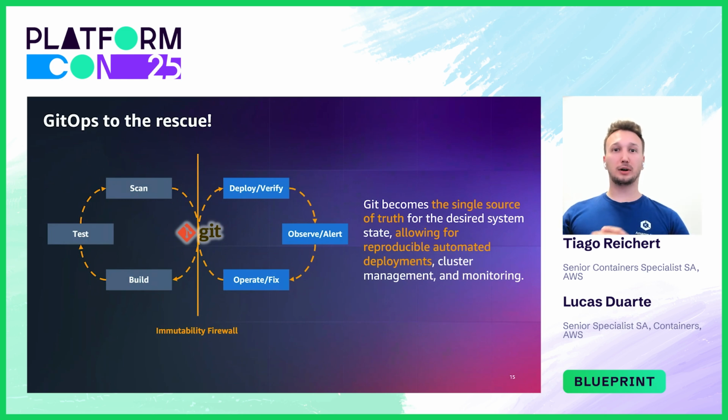And I think it's important to notice that GitOps is not a tool itself, it's a concept. The idea is that you have a single source of truth inside of your Git repository on which you have all the changes that you do to your applications, and you can build an immutability firewall. Your GitOps tool of choice, it can be Argo CD, Flux CD, for example, both open source CNCF backed projects.